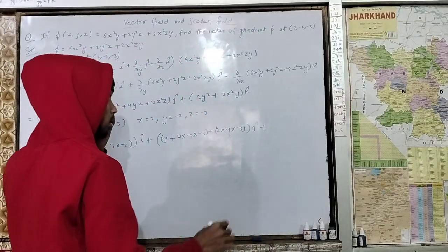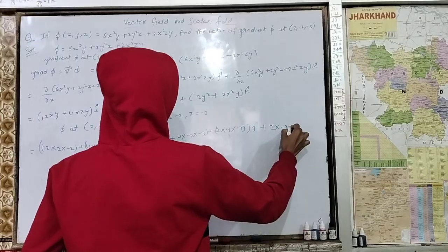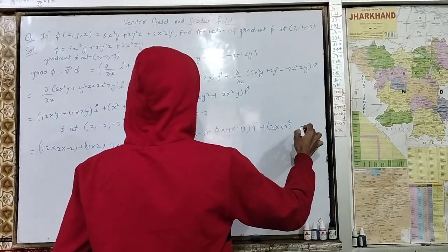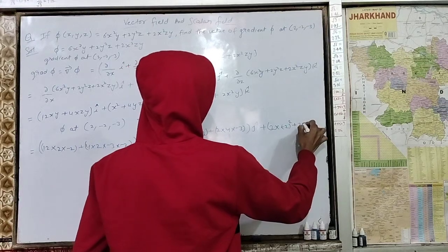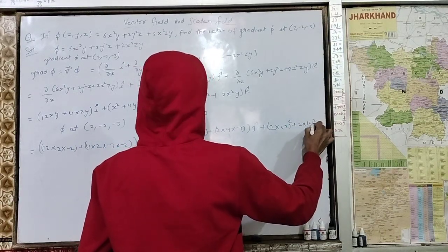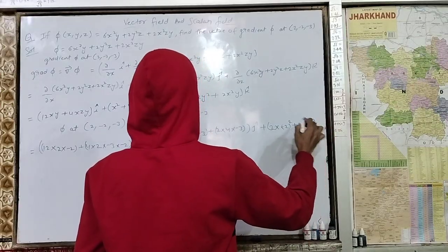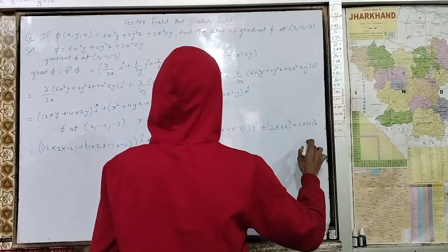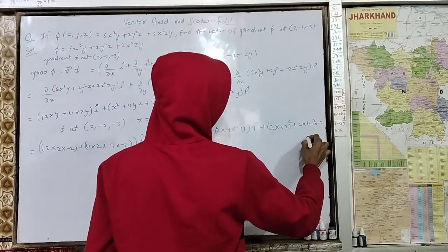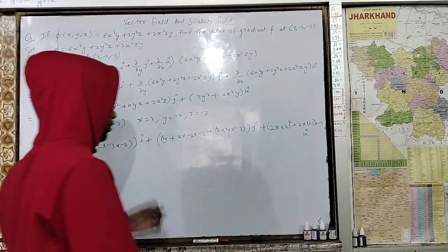Plus 2 multiplied by minus 2 raised to power 2, plus 2 multiplied by 2 raised to power 2, multiplied by y which is minus 2, along k cap, okay.